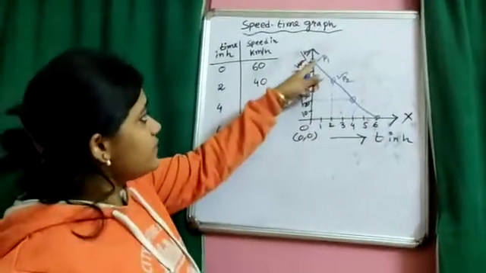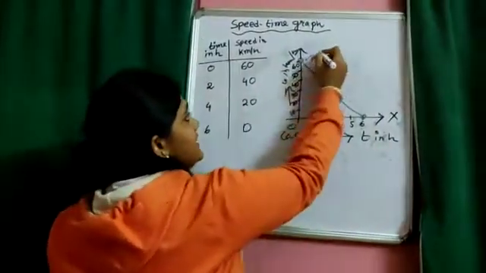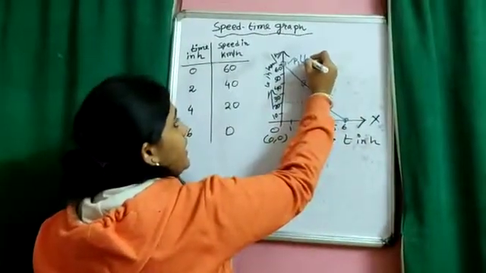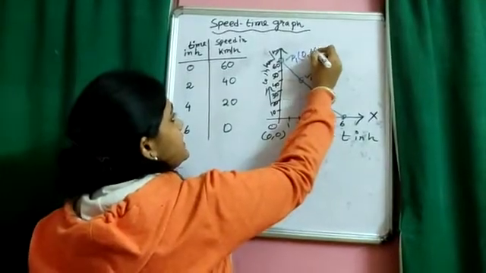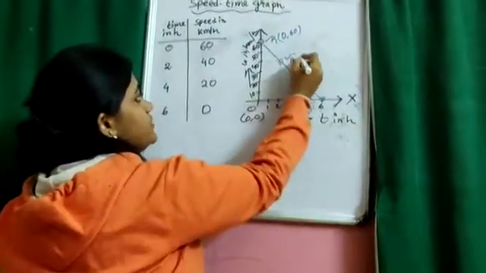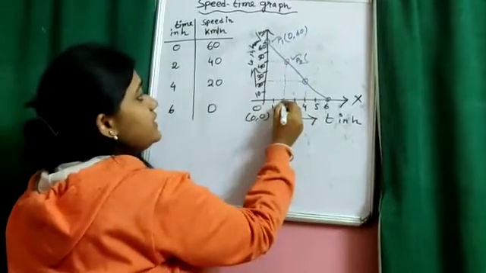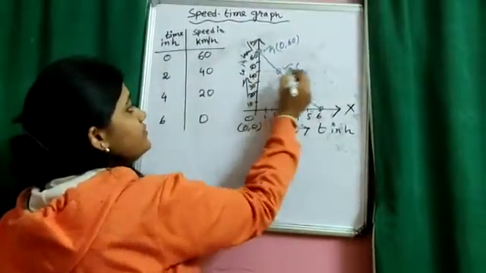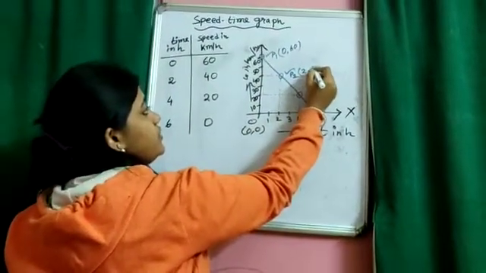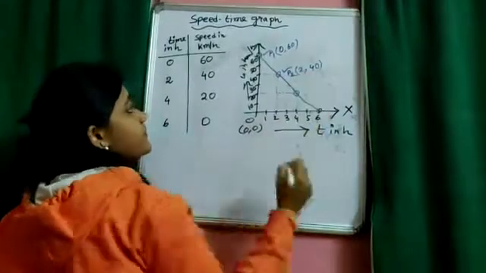So what is the coordinate for point 1? You can see that this one is (0, 60), and for point 2 the coordinate is (2, 40). X coordinate is 2, y coordinate is 40.